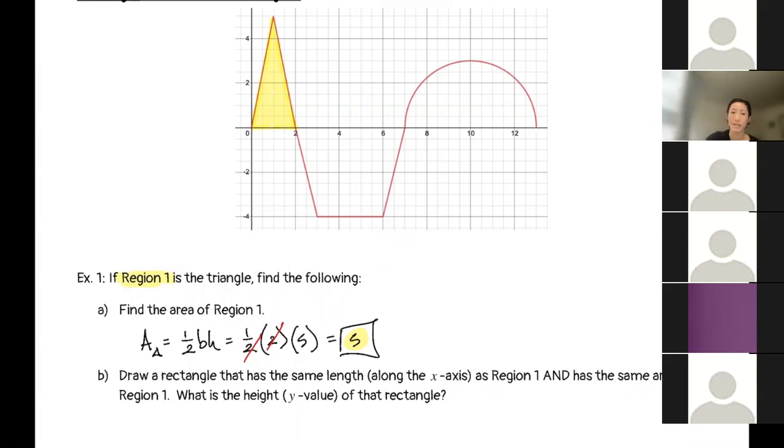All right, so if we take a look at this triangle, but now I'm saying I want you to draw a rectangle that has the same length along the x-axis as region 1, as the triangle, and has the same area as that region. What might that rectangle look like?